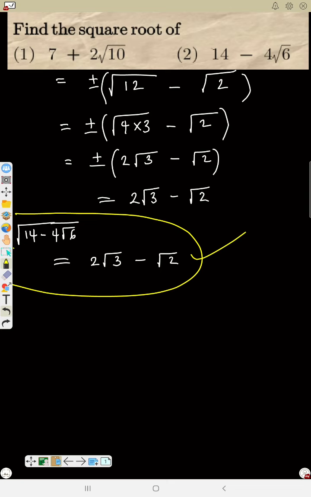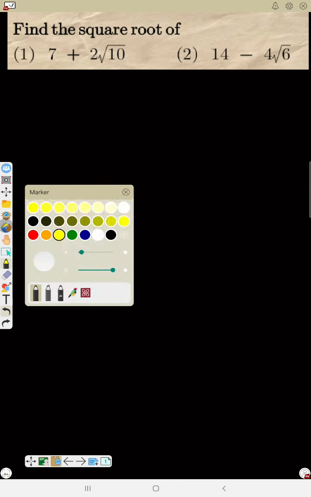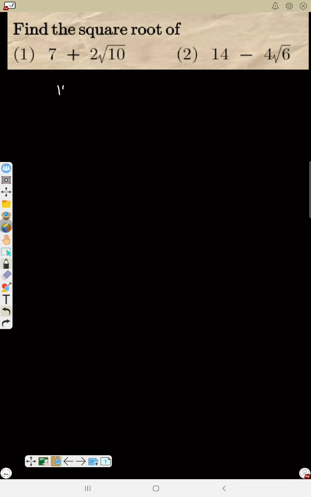Now if you want to use the factorization method, let me just use it. Now we have 14 minus 4 root 6. The technique here is m square plus n square minus 2mn is m minus n everything square.